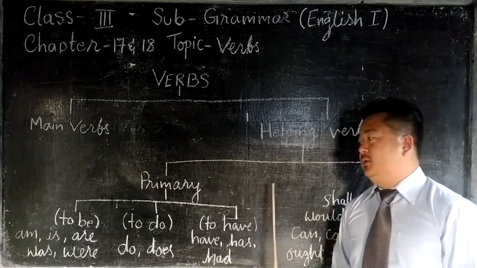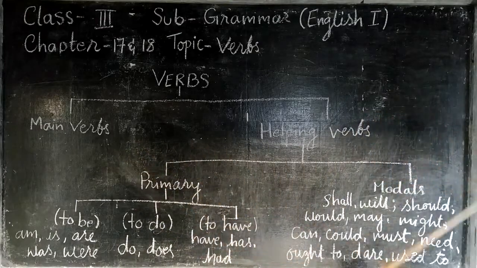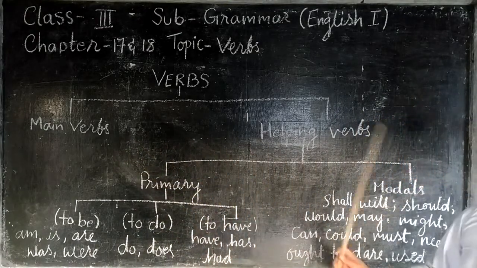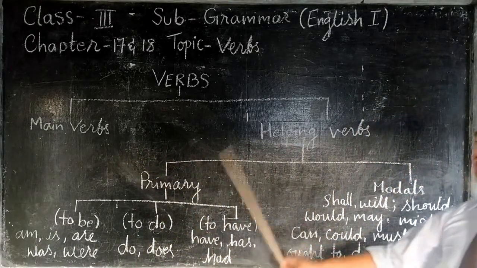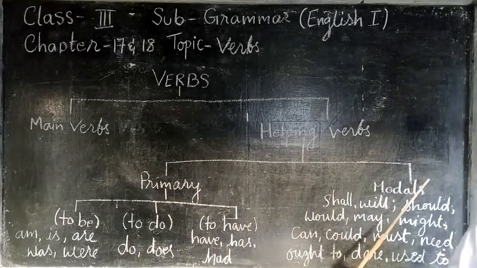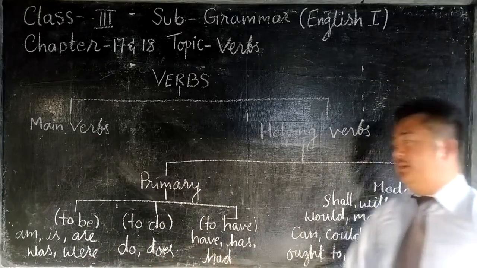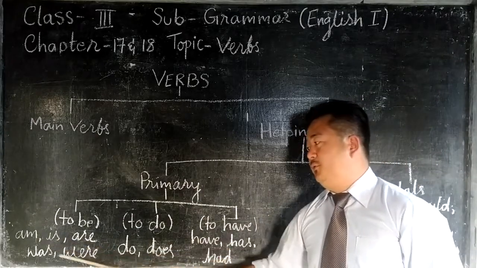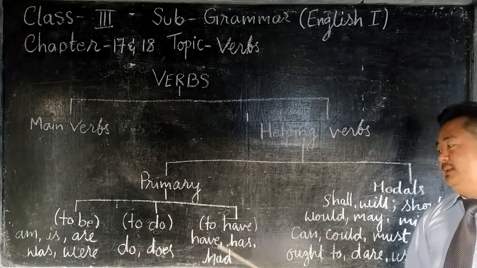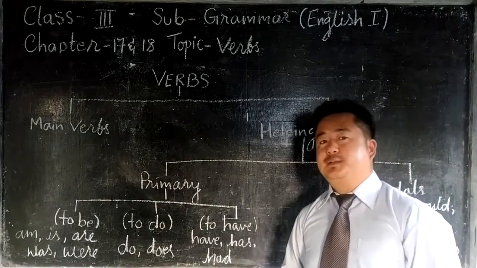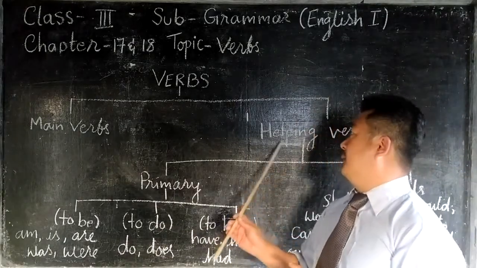These all are auxiliary or helping verbs. Helping verbs are also categorized into two, primary and modals. Under the primary, how many are there? 1, 2, 3, 4, 5, 6, 7, 8, 9, 10. So 10 verbs under the primary category of helping verbs.